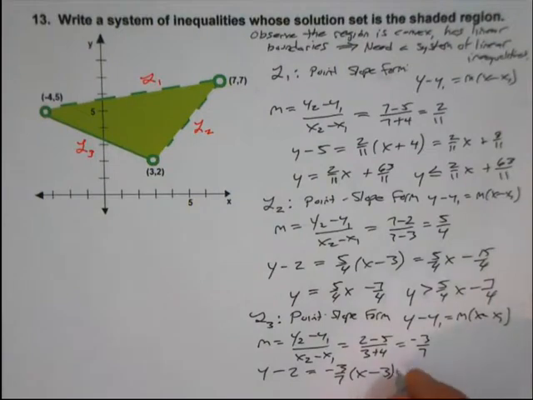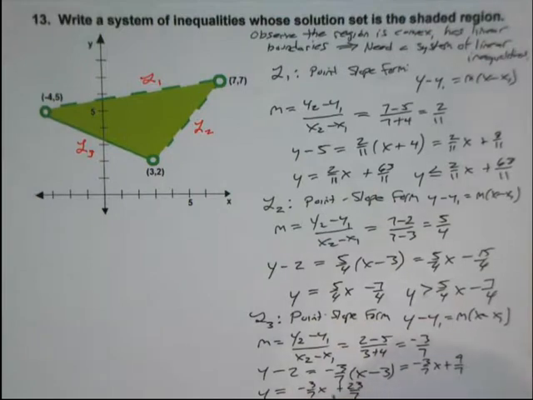Maybe we choose to expand this out. So this equals minus 3/7 x plus 9/7. We could now add 2 to both sides if we wanted to. Y could equal negative 3/7 x, 2 is 14/7, 14 and 9 is 23, plus 23 over 7.